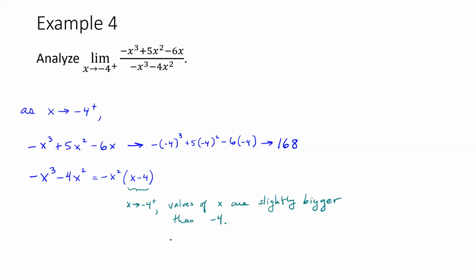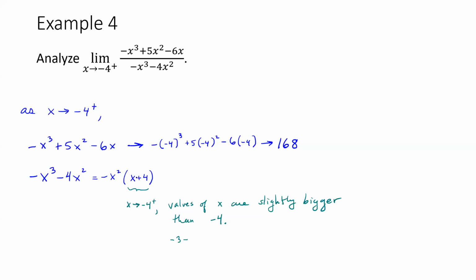So if I do negative 3 minus 4, oh, actually, I see what I did wrong here. This should be a plus, right? My bad. I factored out the minus sign, so that should be a plus there.